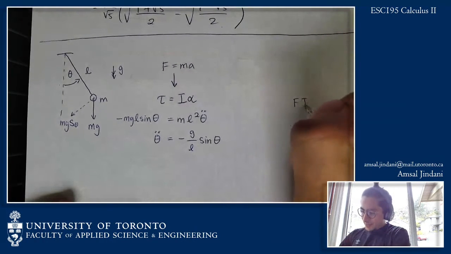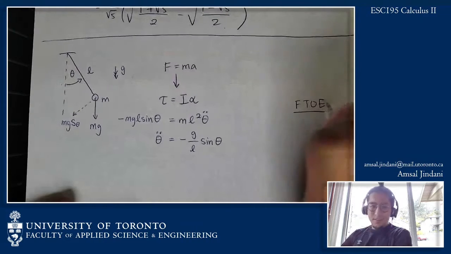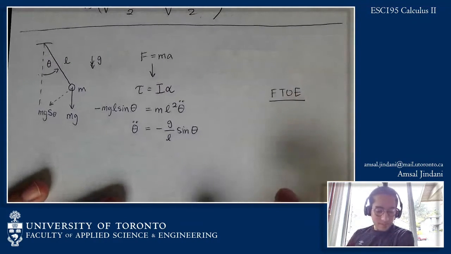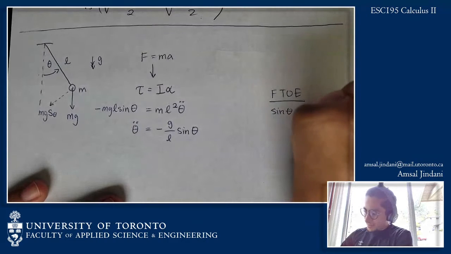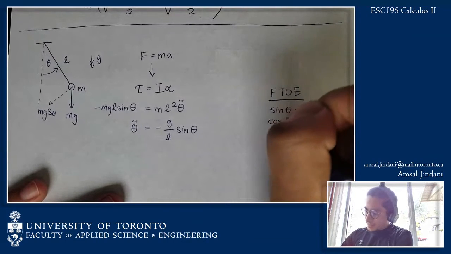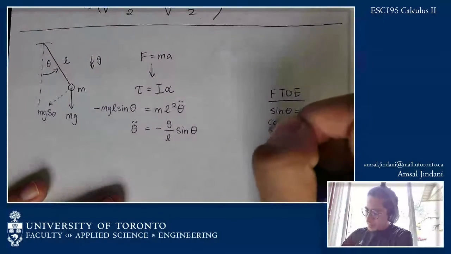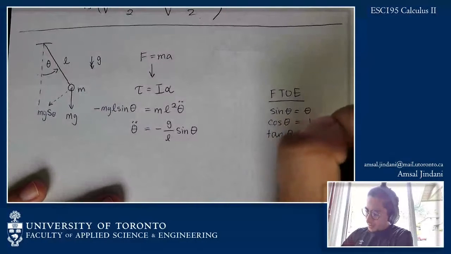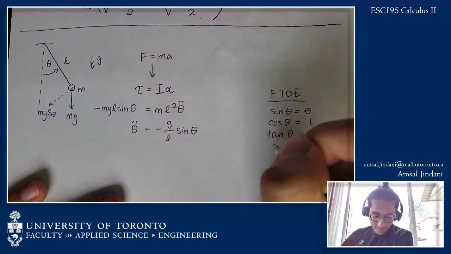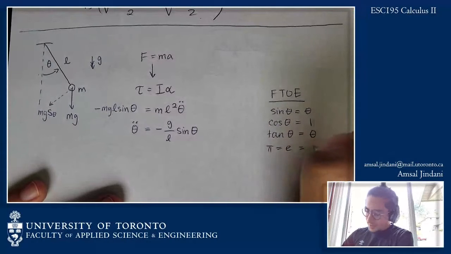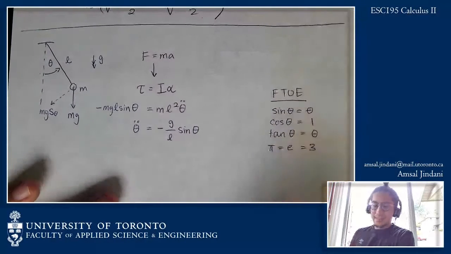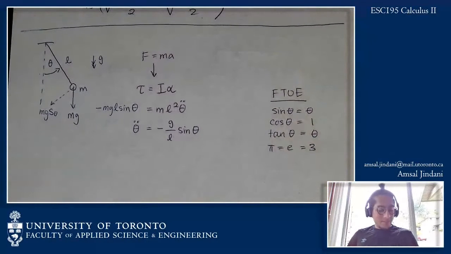So hopefully all of you by now know about the fundamental theorem of engineering, which is that sine theta is theta, cosine theta is 1, tan theta is theta, and that pi equals e equals 3. So that's your fundamental theorem of engineering.